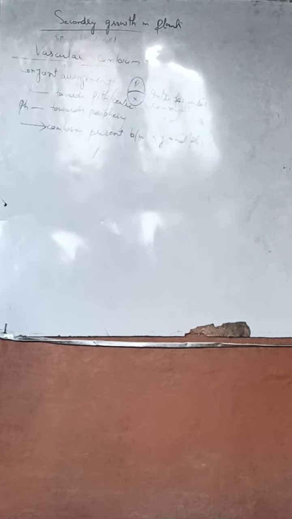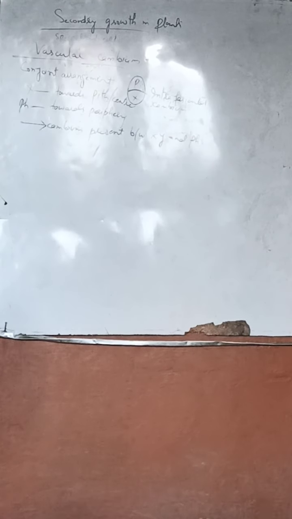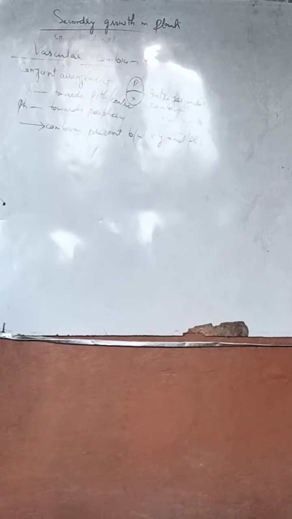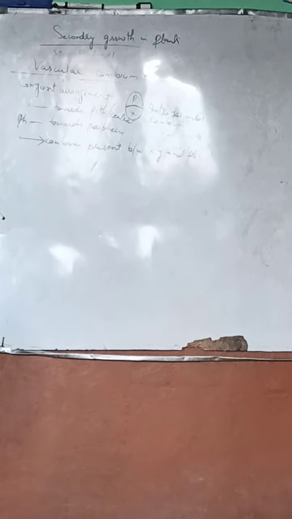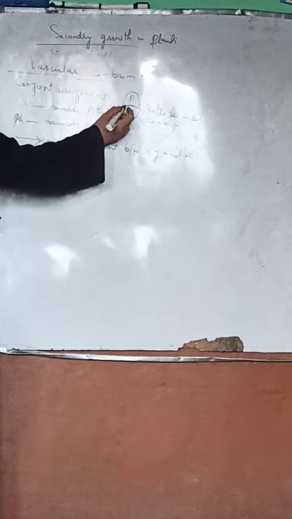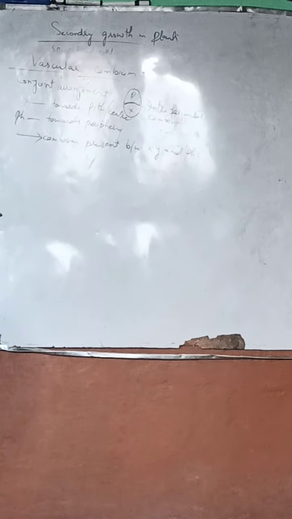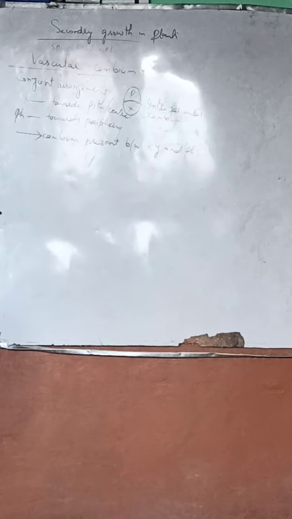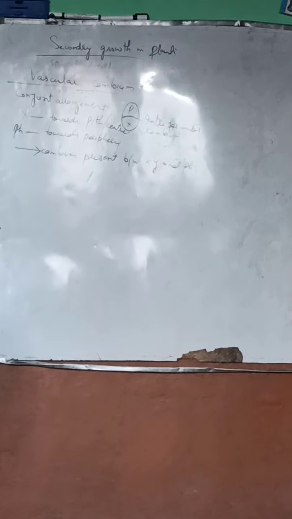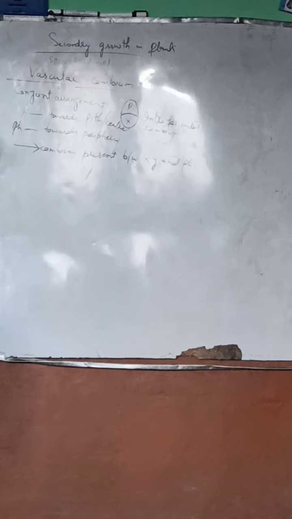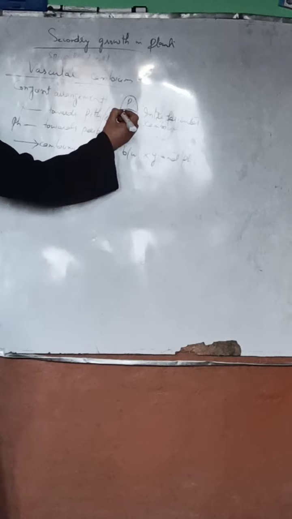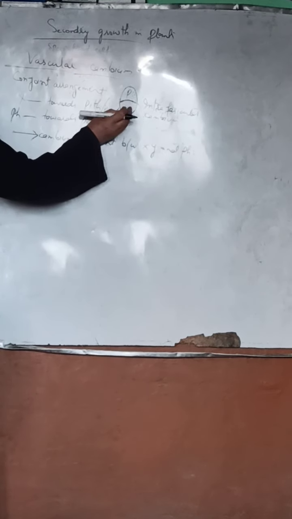When secondary growth takes place, this cambium is called intrafascicular because xylem and phloem are present in the same bundle. In between there is cambium.